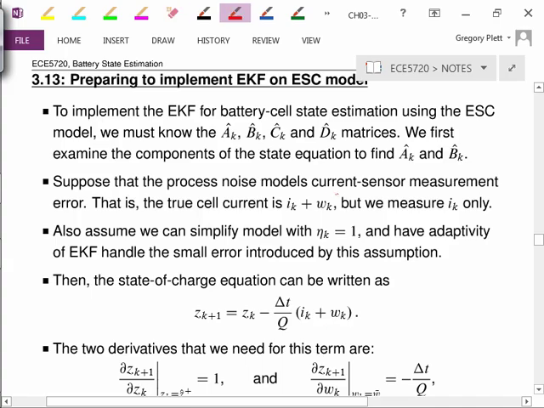We're going to say that W, the process noise, models something unknown in the current sensor measurement. So the true cell current, instead of being IK, is really going to be IK plus WK, but we measure the IK part of it only.